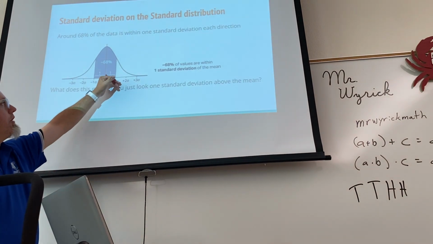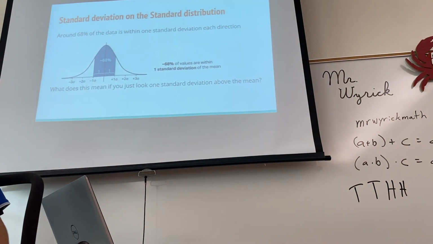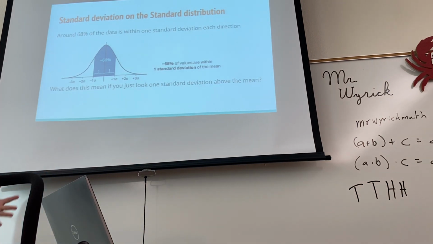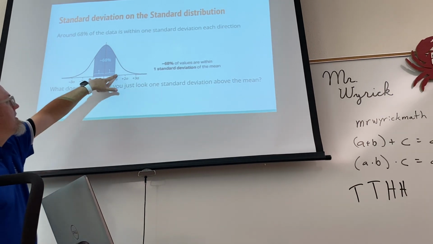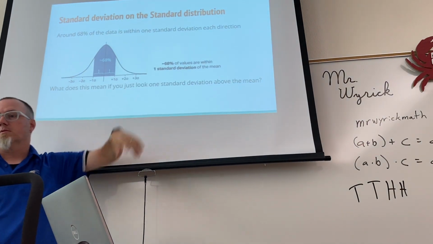So if you are all the way up to 115 or all the way down to 85, you are within one standard deviation. So this is all the normal intelligence people, according to the IQ test at least, and that's 68% of the population. Okay?